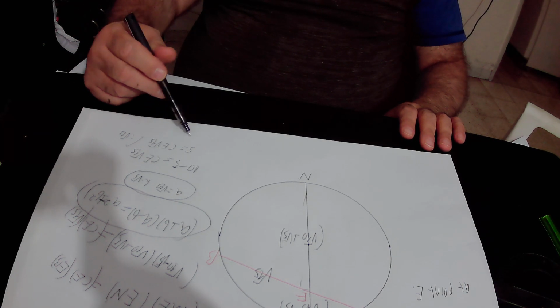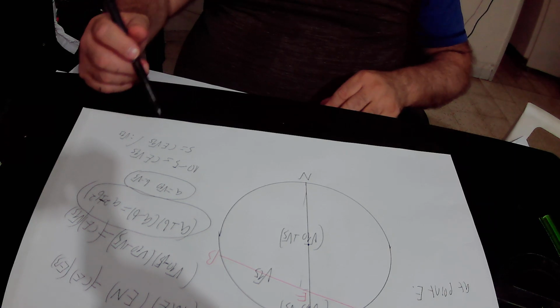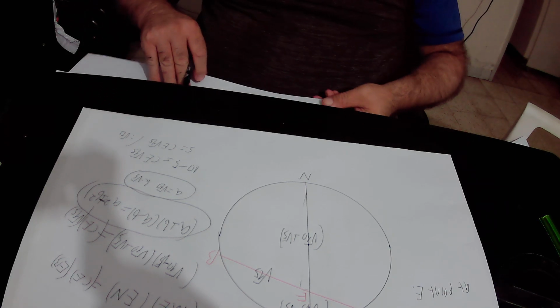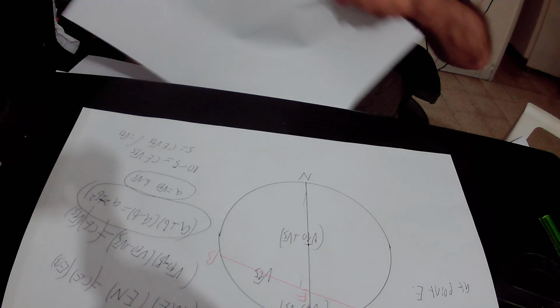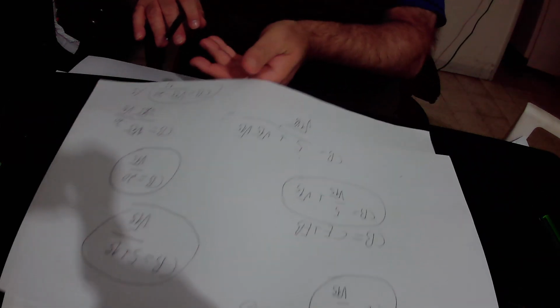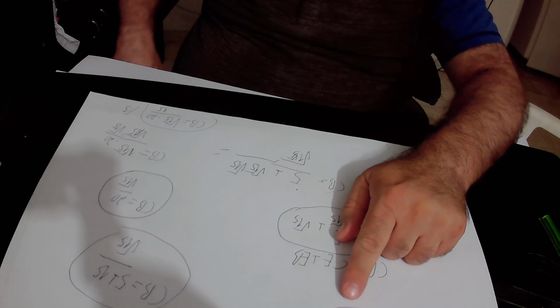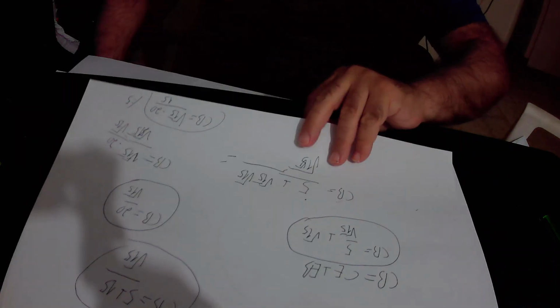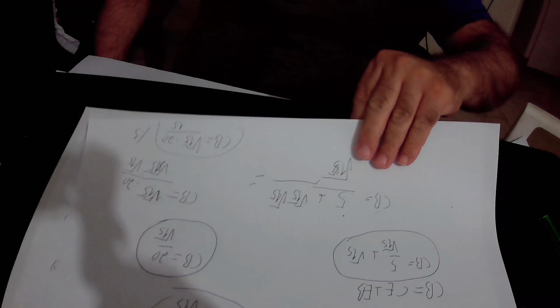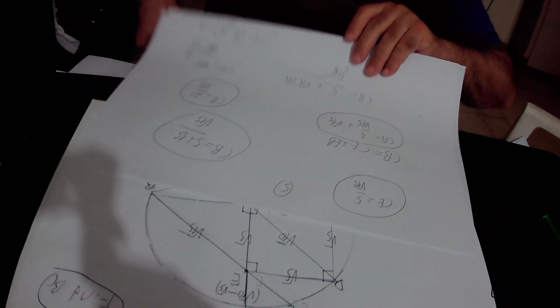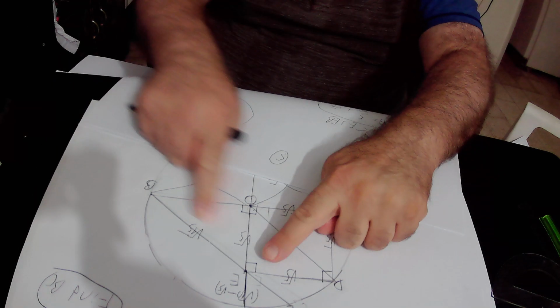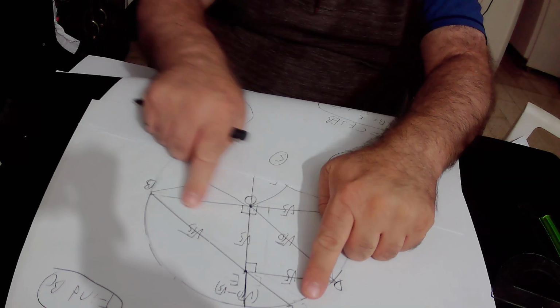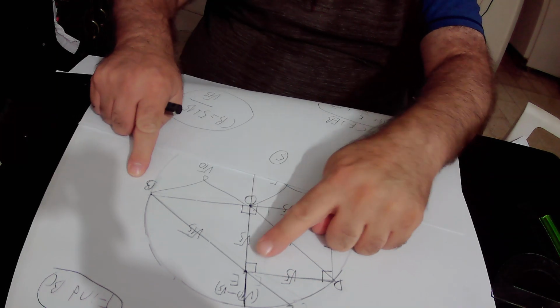So we divided this equation by the square root of 15, and we found out that CE equals 5 over the square root of 15. And we are looking for the length of CB. You can see from the drawing that CB equals CE plus EB.